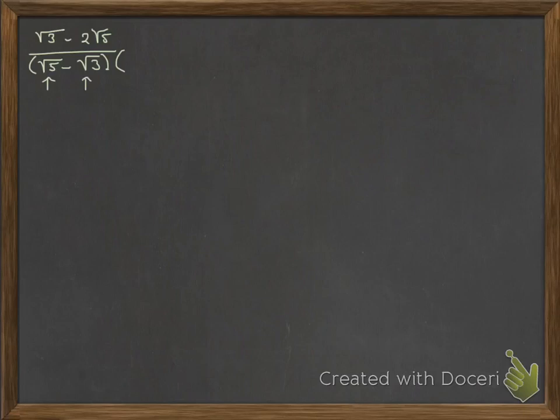So the first terms had no radical, and the last terms had no radical. And that's how I'm going to get rid of a binomial radical in the denominator. So the conjugate would be square root of 5 plus square root of 3. So of course I'm going to multiply that in the numerator also, which means that I have a FOIL above and a FOIL below.